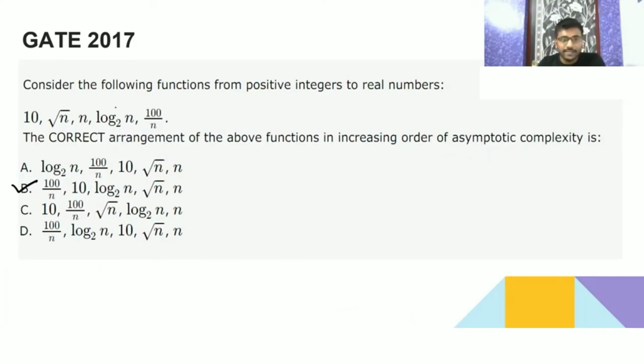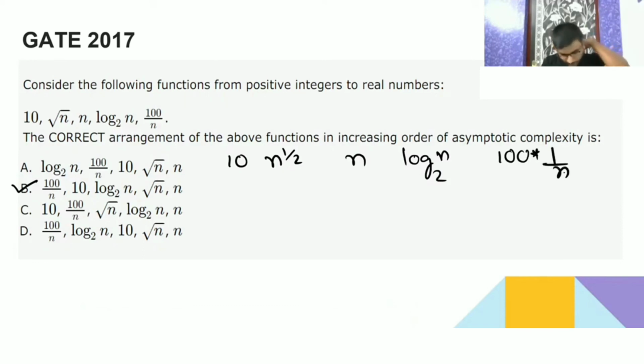So here it's 10, here it's 100 by root n, you can say 1 by 2 n, then log n base 2, then 100 into 1 by c. This has been done before. In place of n, you can place n equal to 2 to the power 1024.